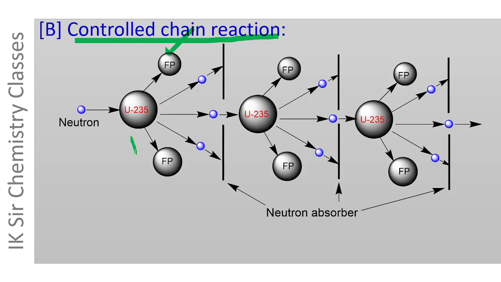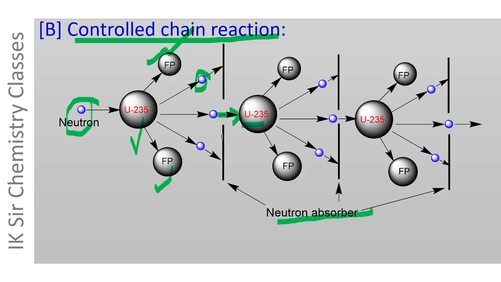One U-235 nucleus is bombarded by a neutron, and it undergoes nuclear fission, producing fission products and 3 neutrons, out of which 2 neutrons are absorbed by a neutron absorber, and only 1 neutron proceeds further to cause the nuclear fission of another nucleus of U-235. And this situation is repeated further.